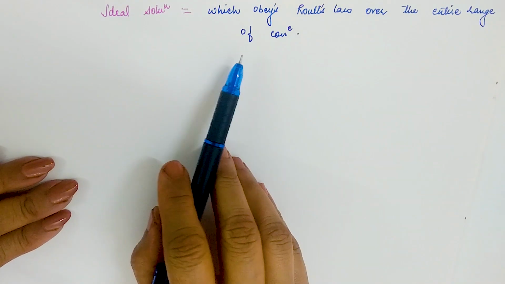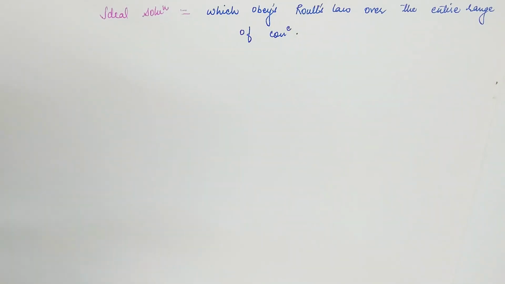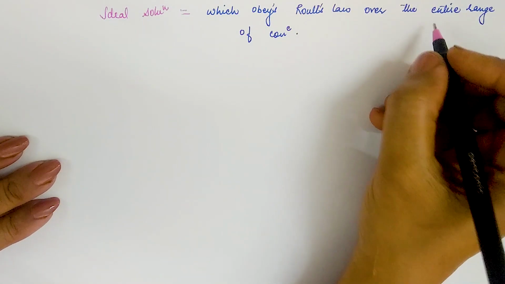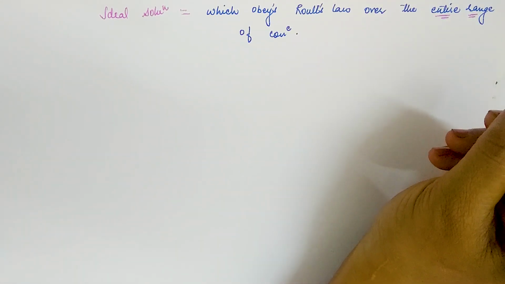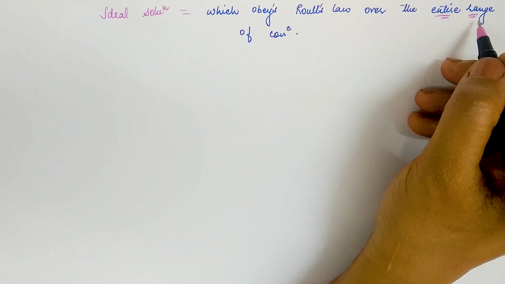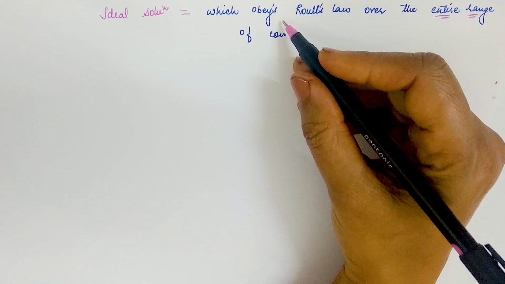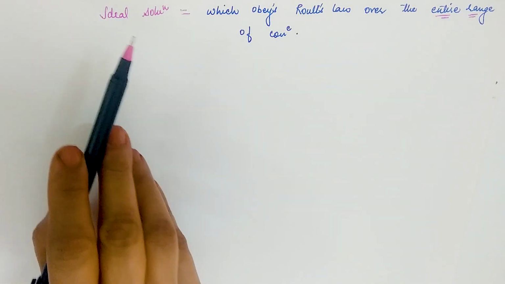Over the entire range of concentration. What is the important word here? The entire range, children. It means it never fails to follow Raoult's law. For the entire range it is following or obeying Raoult's law, then only it is called the ideal solution.